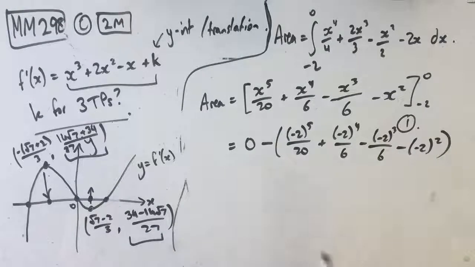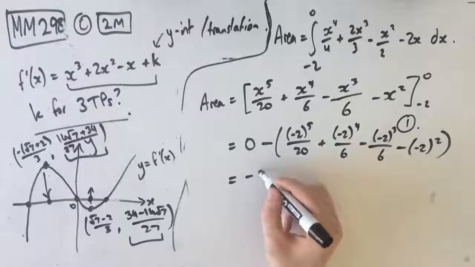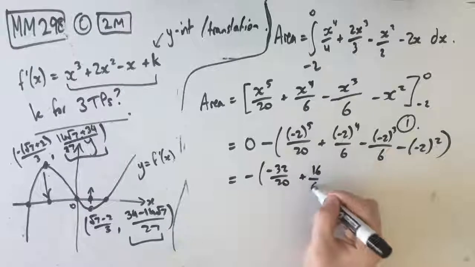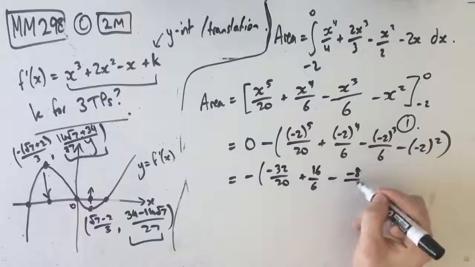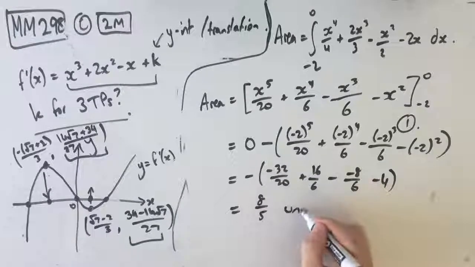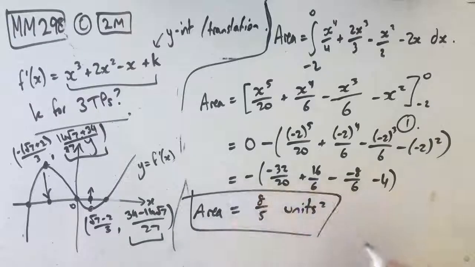Awesome. From here, we get -32 over 20 plus 16 over 6, take away -8 over 6, take 4, and that equals 8 over 5 units squared. So because we're dealing with area, don't forget our units squared. But that's our second and final mark for this question.